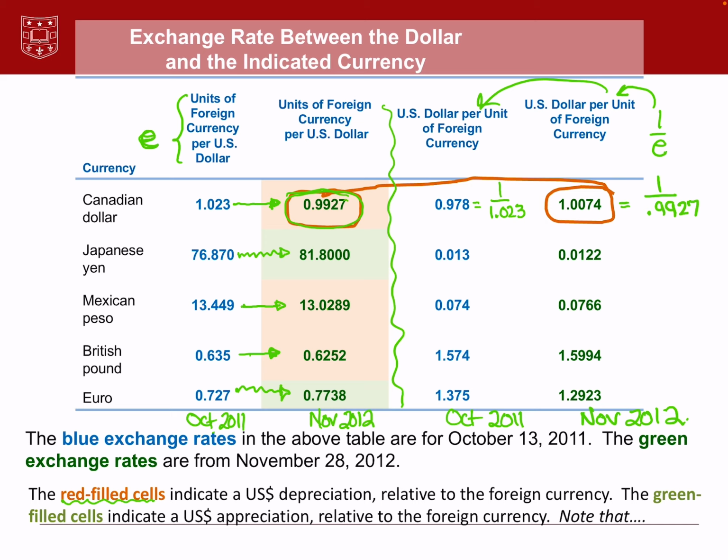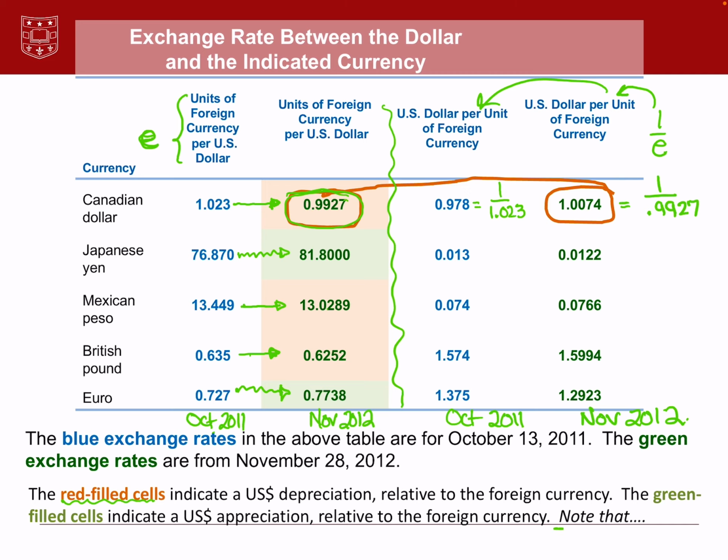And for the euro, it's similar. You get about 0.73 euros per dollar in 2011 and almost 0.77 euros per dollar in 2012. So that represents an appreciation of the dollar relative to the yen and the euro.